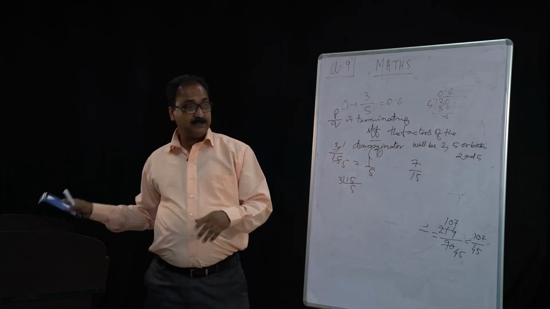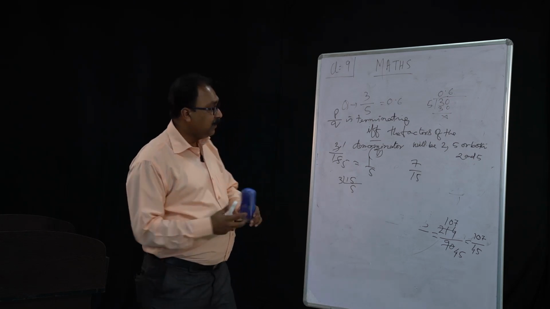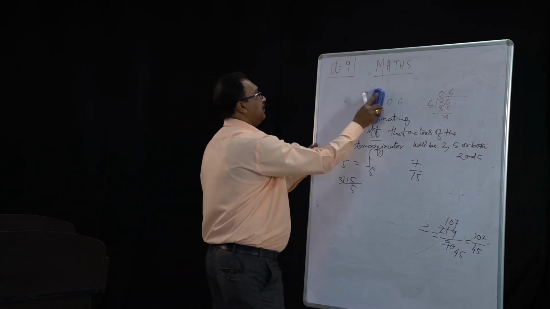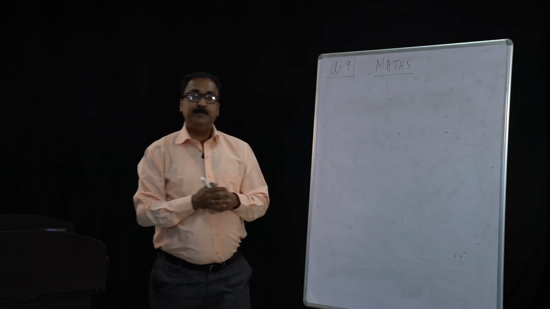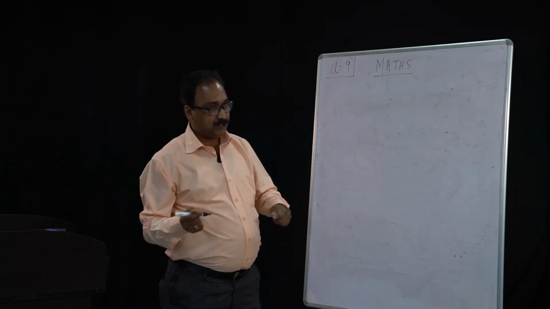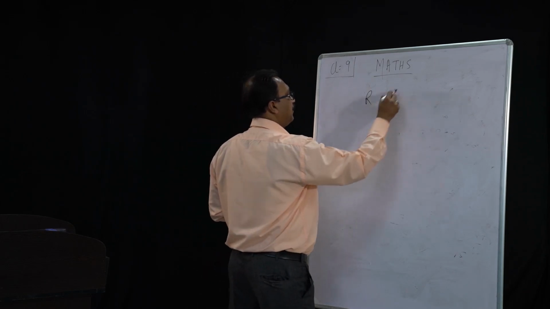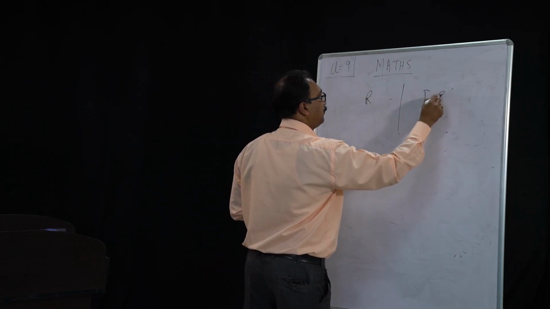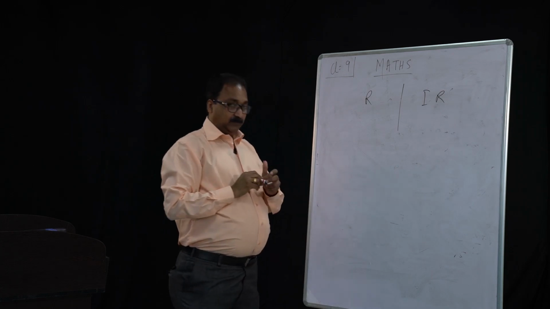So this case is understood, the terminating and non-terminating. Now I will explain the difference between rational numbers and irrational numbers. What is the difference? Can you tell me? Anyone?